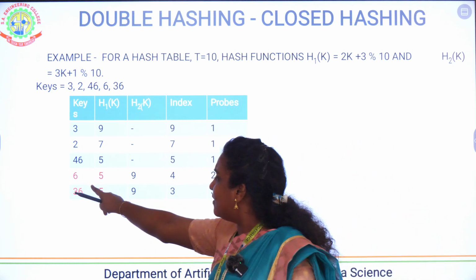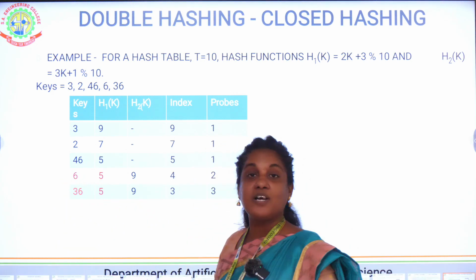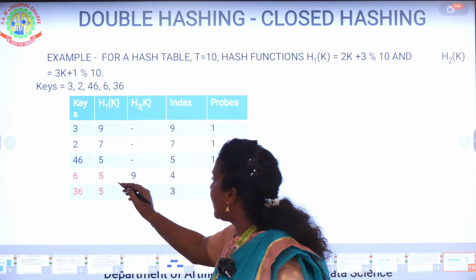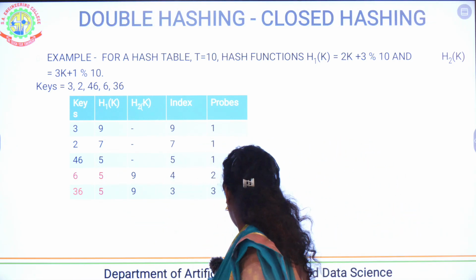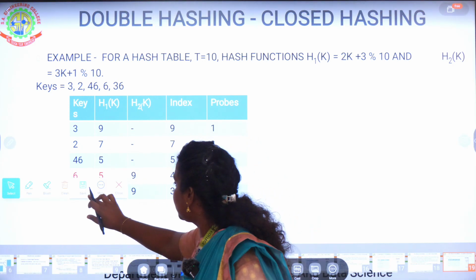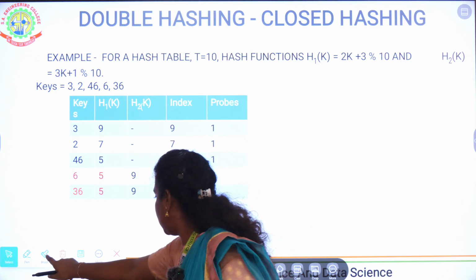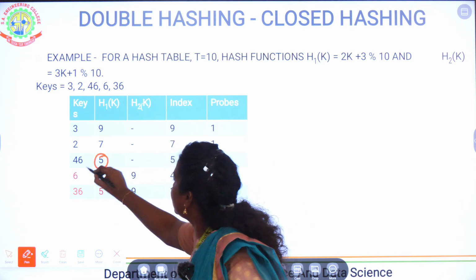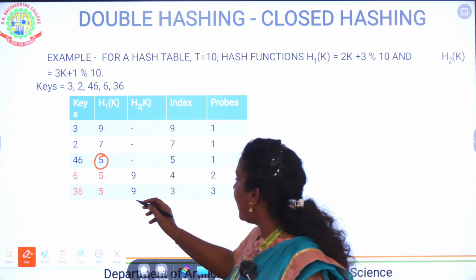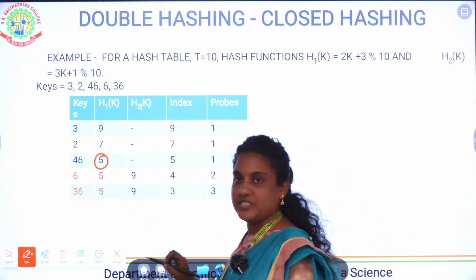But while I am trying to compute the index for the data 6, obviously it yields the same value where 46 is going to store the data. So now we are going to get help from the second hash function.